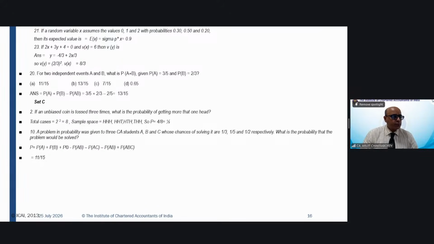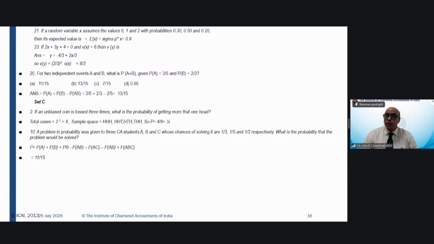10th question, a problem in probability was given to 3 CA students, A, B and C, whose individual chances of solving are given. What is the probability that the problem is solved? That means here any of them is able to solve. That means here P(A union B union C).